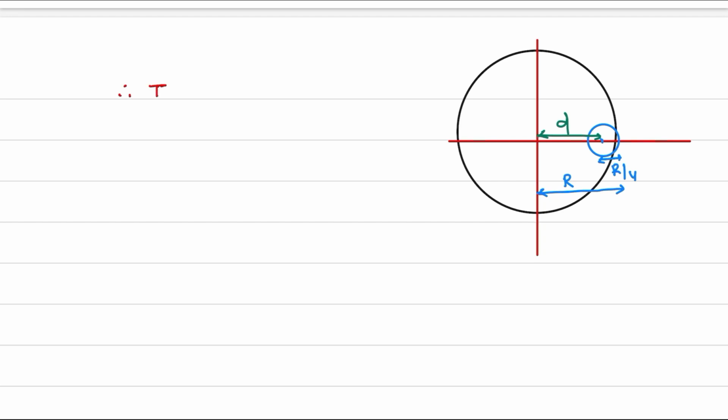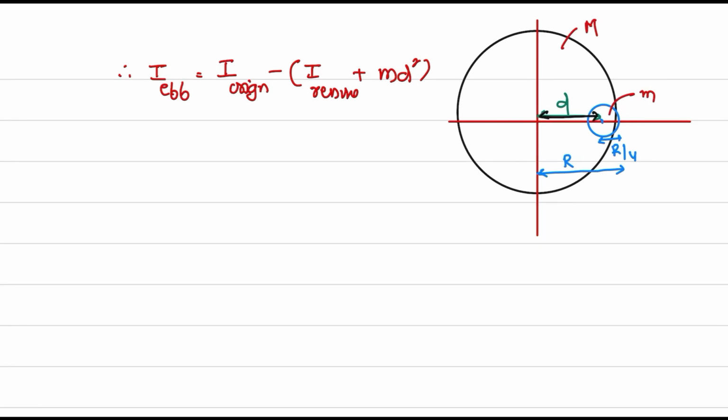Therefore, I effective is equal to I of the original minus I of the removed plus small m into d square.